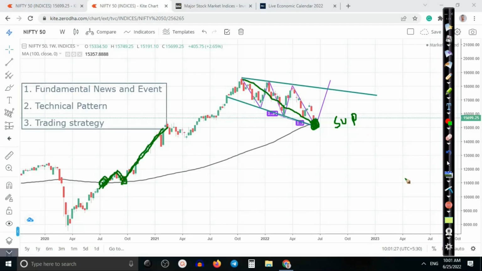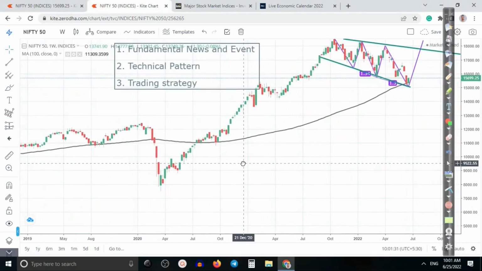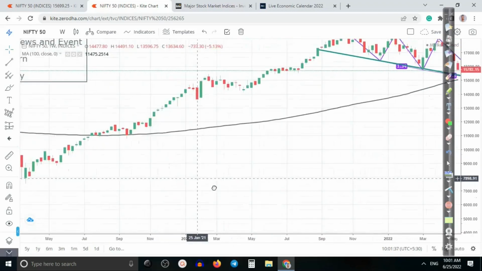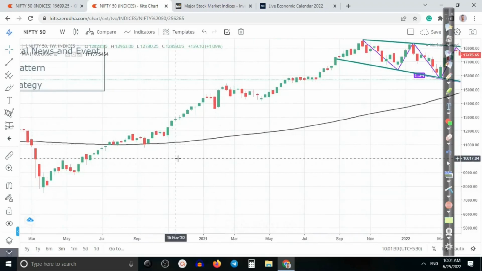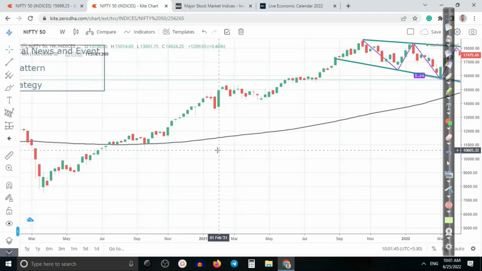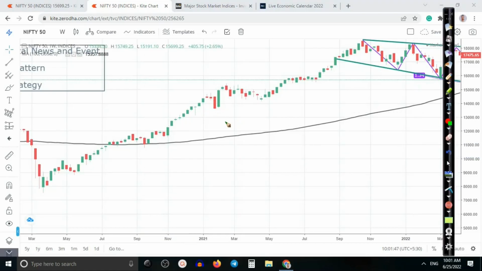Okay, so now next you can see here, let me zoom a little bit. It was around 21st September 2020 they formed, what type of candlestick pattern formed? Here formed an inside bar.